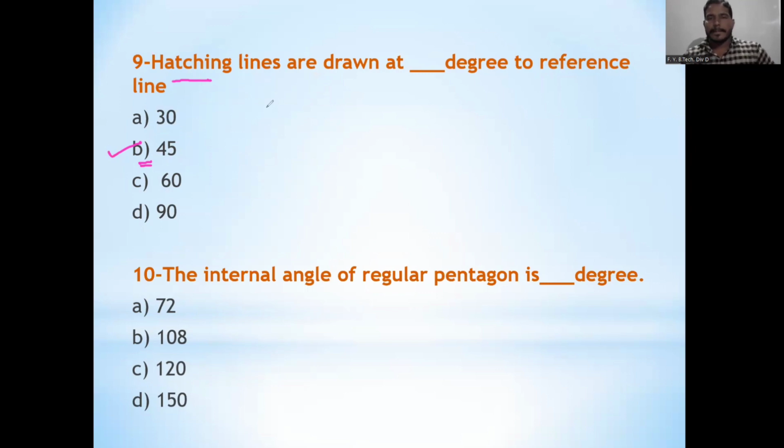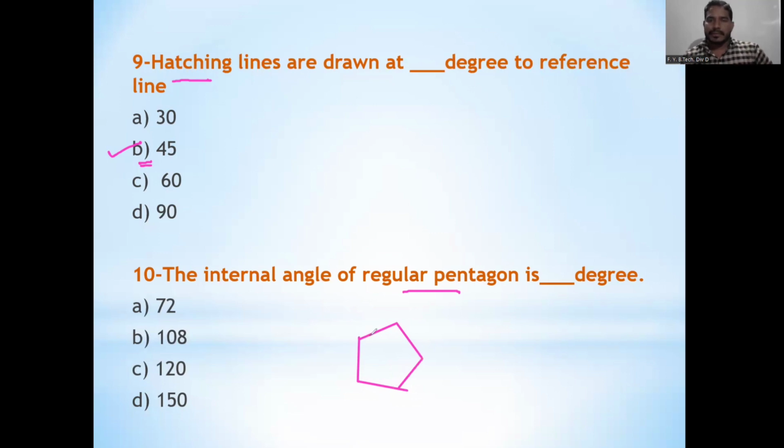Then next, the internal angle of the regular pentagon is dash degree. First of all, we will see which is the internal angle. Suppose I draw a pentagon here. Suppose it's our pentagon.